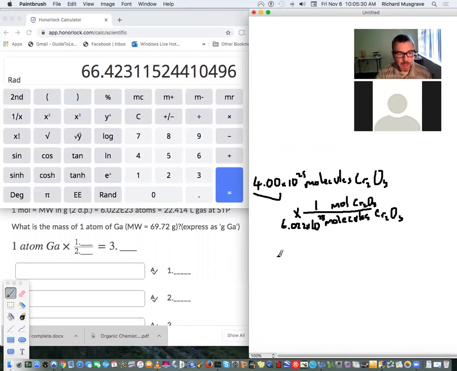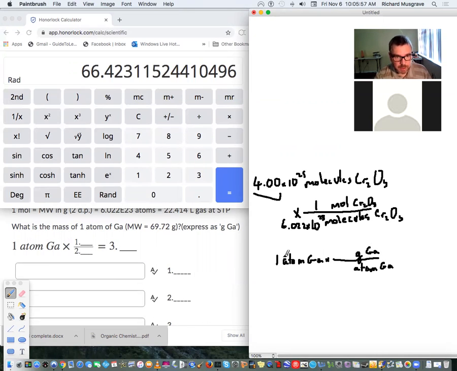The mass of one atom of Ga. We know it's going to be atoms of Ga on the bottom, and we're looking for the mass, so it's going to be grams of Ga on top.